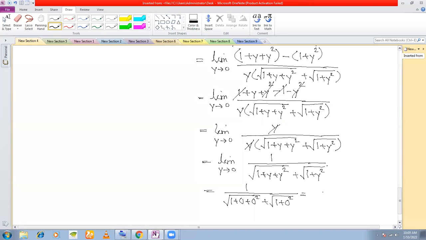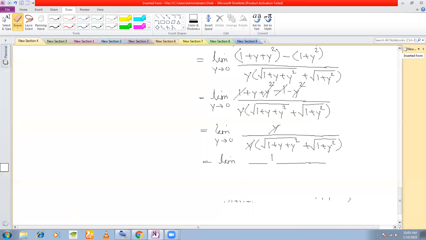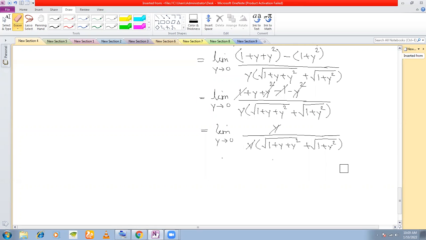So you're getting 1 by root 1 plus root 1, which is half. And that solves your limit. Okay. Any question? No, sir. We move on to the next problem then.